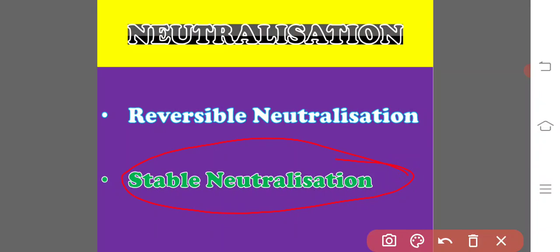Such neutralization is generally produced by antibody molecules that establish contact with two antigenic sites on different monomers of a virion, greatly increasing the stability of the complexes. An example of stable neutralization is the neutralization of polioviruses, whereby the attachment of the antibody to the viral capsid stabilizes the capsid and inhibits the uncoating and release of viral nucleic acids.